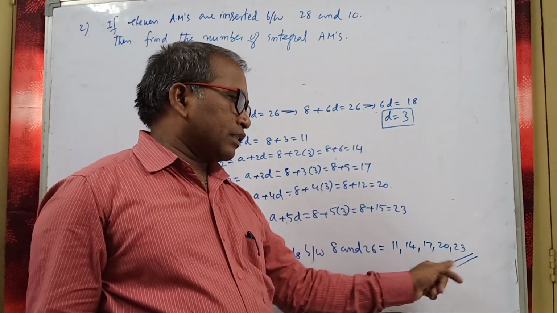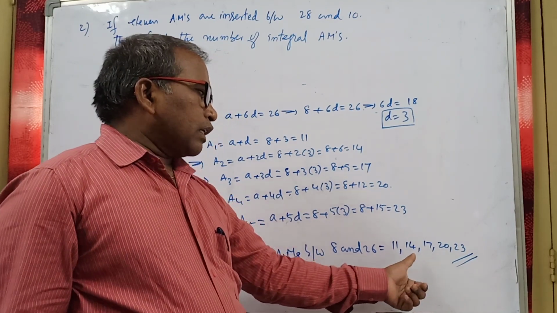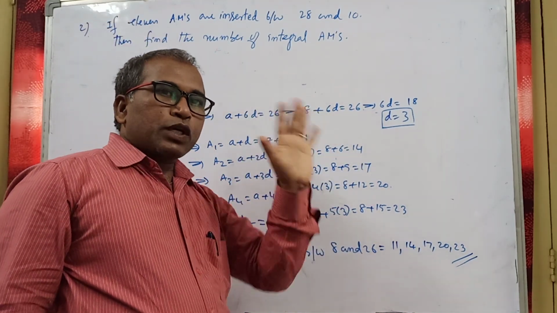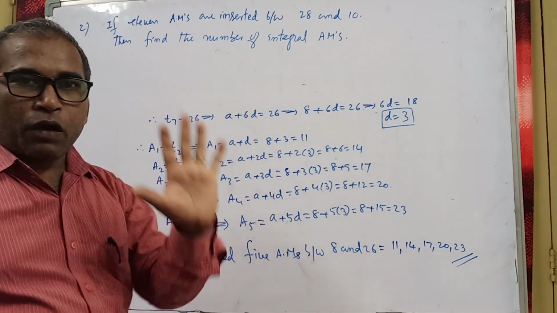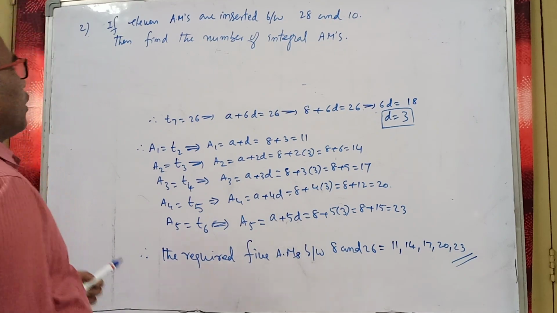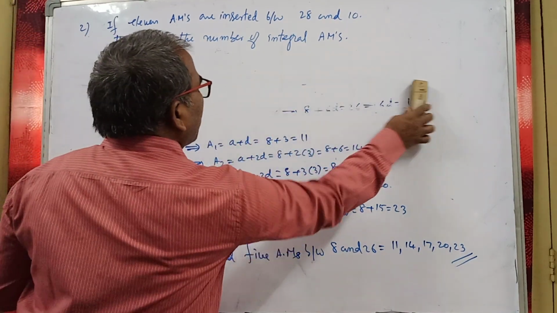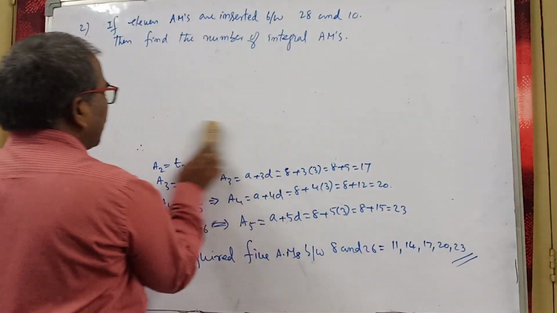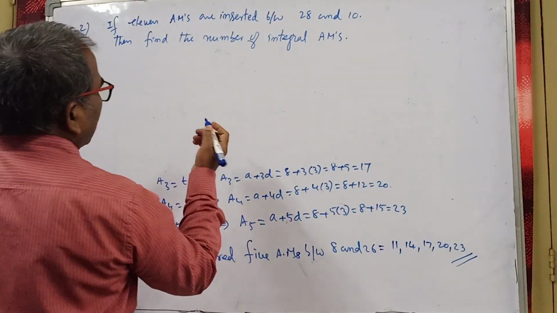There is no fraction. Suppose if you get any fraction in AMs, such AMs are discarded. Only integers we need to count and you should say this many are. Let us first confirm the AMs like this only. After that we will find our required answer.